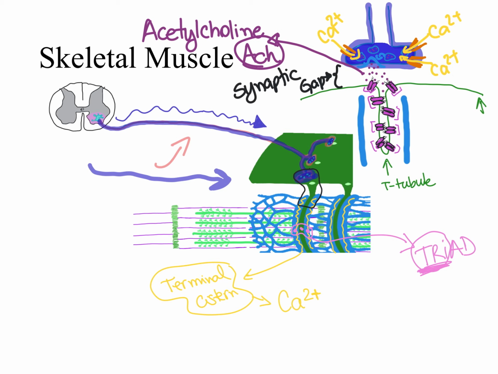And when the acetylcholine neurotransmitter molecules bind the acetylcholine receptors, which are the ligand-gated channels, the ligand-gated channels open. And when these ligand-gated channels open, sodium ions that were outside of the skeletal muscle cell go inside of the skeletal muscle cell through these channels.